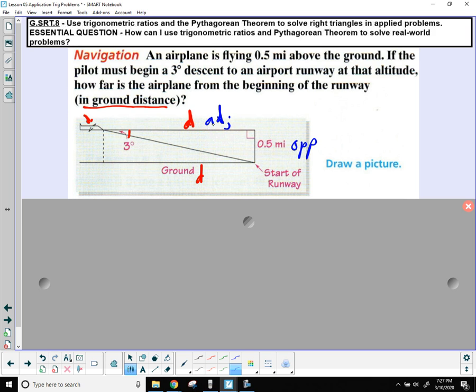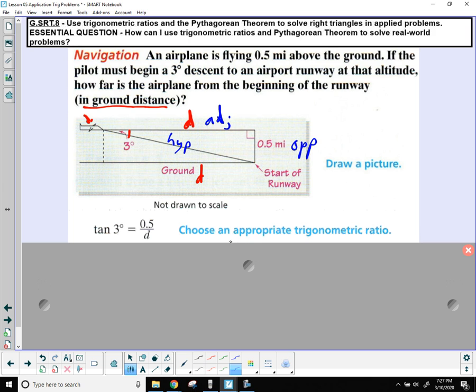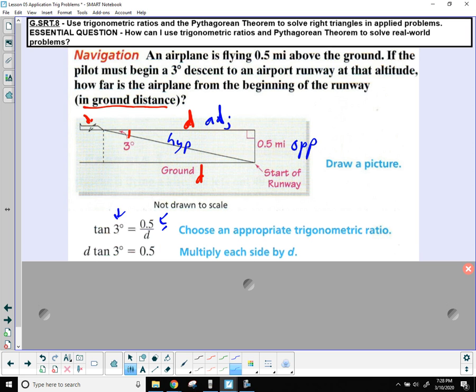Opposite, adjacent, this would be the hypotenuse, but we're not worried about that one. All right, so we would want to use tangent. I already plugged stuff in, but tangent is opposite over adjacent. Okay, to solve, we need to multiply both sides by D. Let me dress this up.